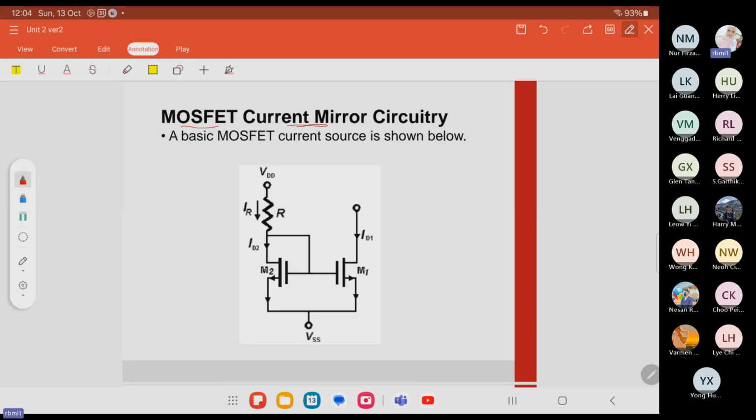Just now we had Q1 and Q2 for BJT. For MOSFET, we have M1 and M2. It is assumed that both M1 and M2 are identical for the current mirror. Since for the FET we have the VGS, this is drain, this is source, this is gate.